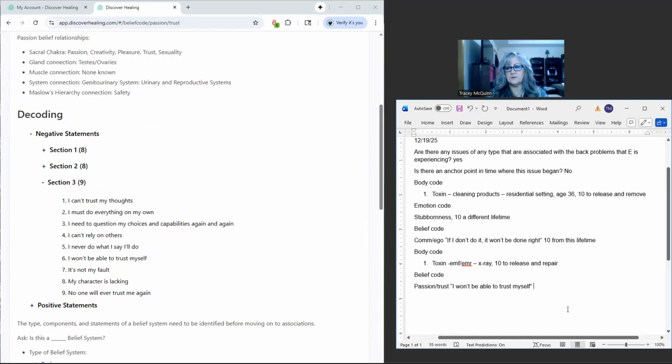Okay, so I won't be able to trust myself. Is this 3 or 10 to release? Okay, is this inherited? Is this from this lifetime? Okay, so it's not from this lifetime. Okay, and when I say that, I don't mean like instantly you have to believe in past lives or anything. We were somewhere before we got in this body.